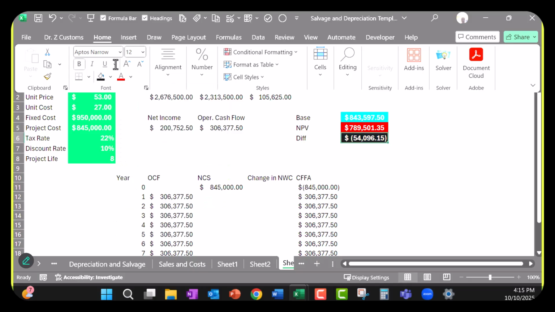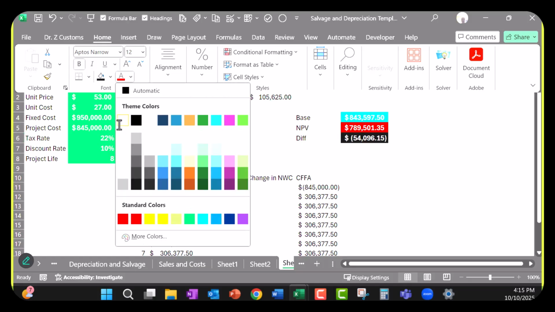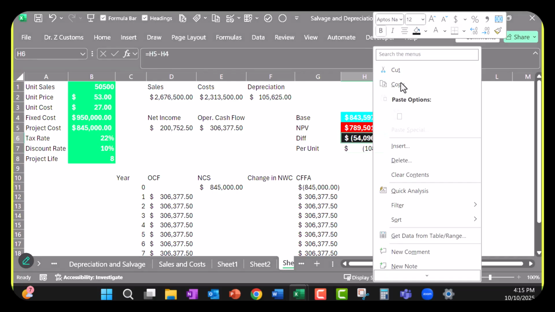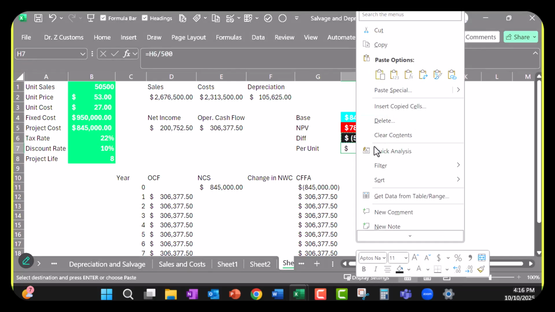So for each 500 unit change, NPV drops by 54,000, or per unit, every 1 unit that I sell less, my NPV declines by $108.